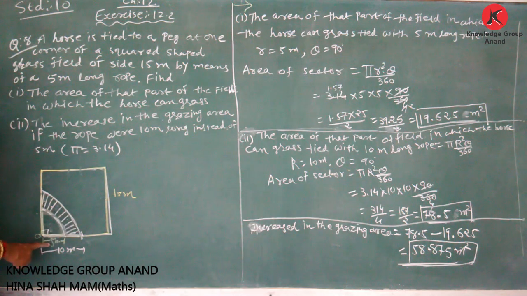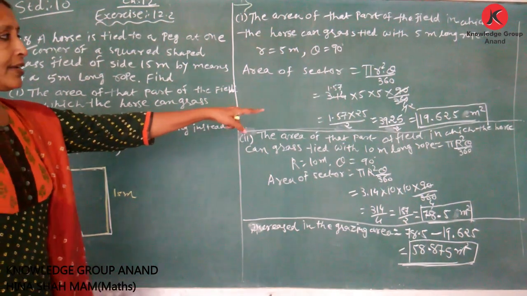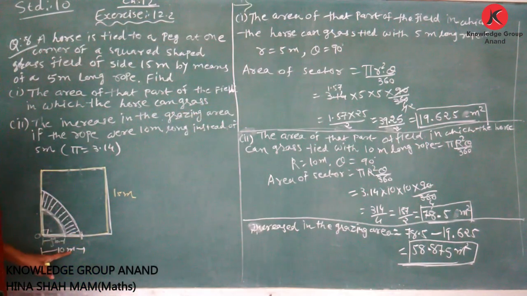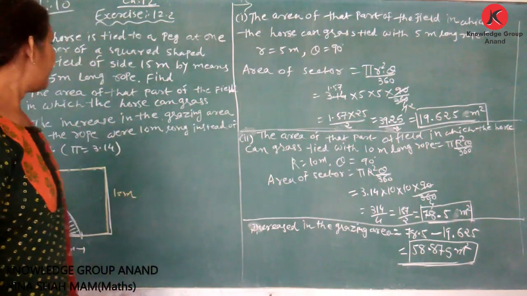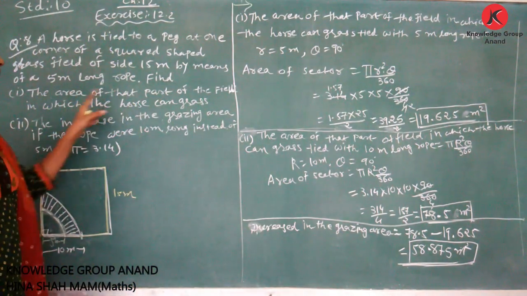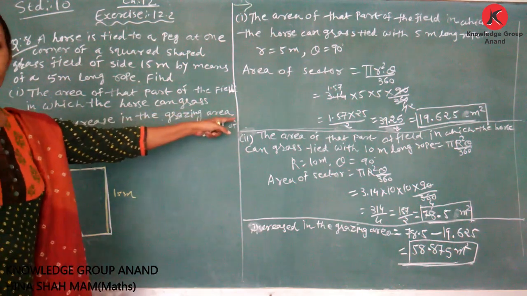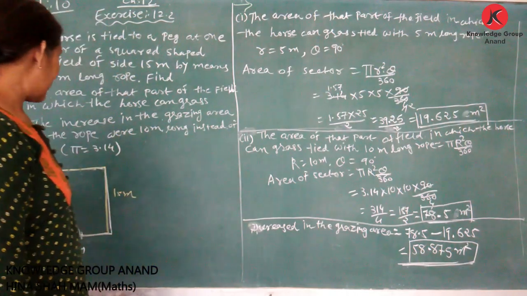First we find the area with radius 5 meter, which is equal to 19.625. The area with 10 meter is equal to 78.5 meter square. Here is the area of that part of the field in which the horse can graze.